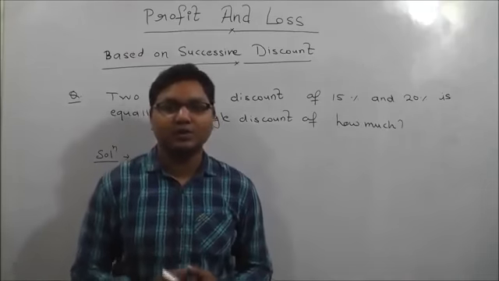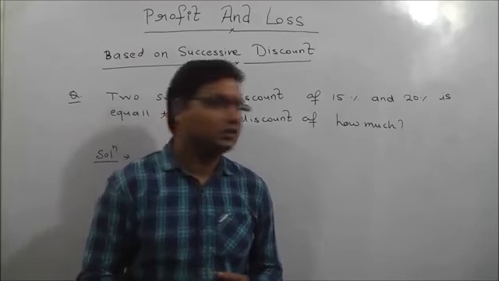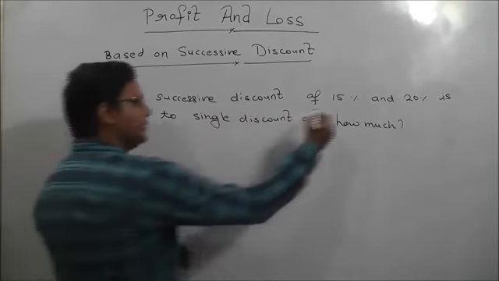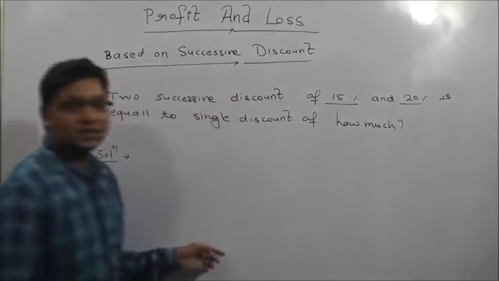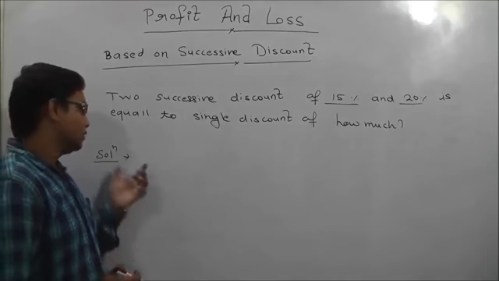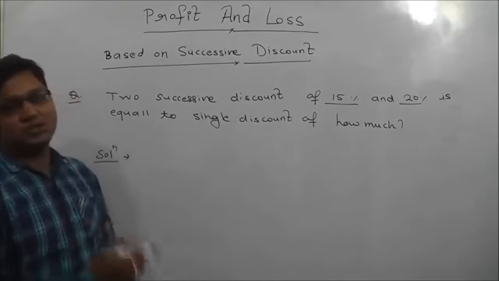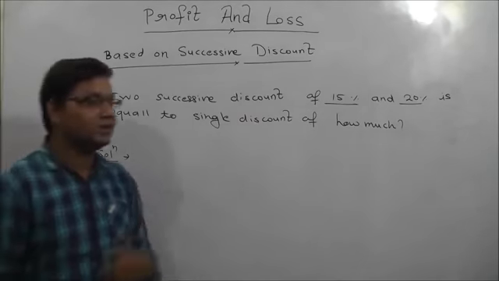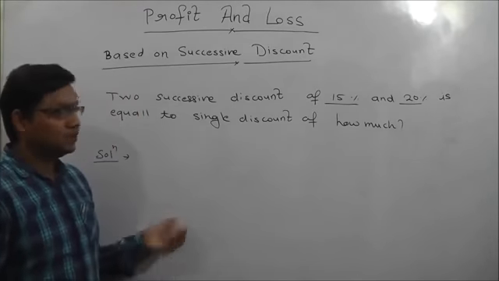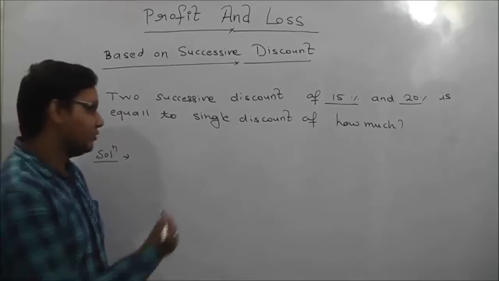Let us see our last question based on successive discount. Two successive discounts of 15% and 20% are equal to a single discount of how much? In this question, firstly let's take the base value as 100.